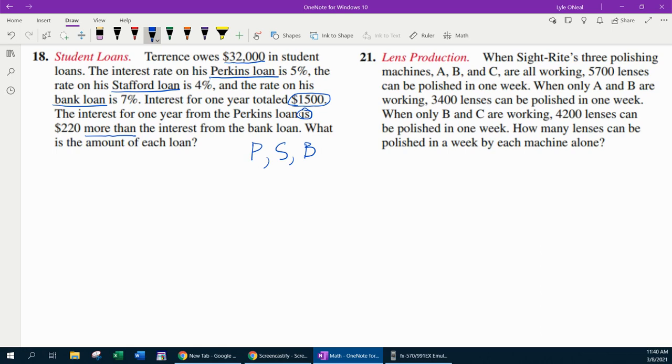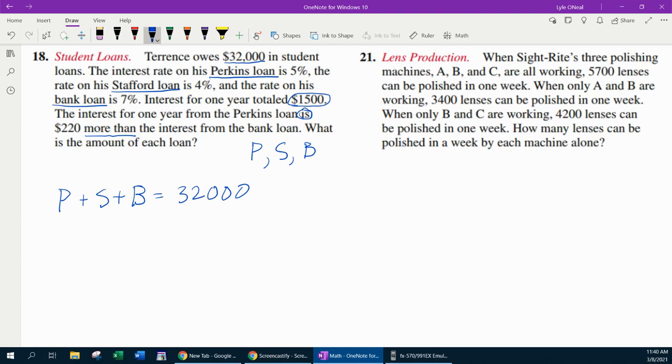What is the amount of each loan? Okay, so the first and easiest equation, Perkins plus Stafford plus bank. If I add all three of those up, that should be the total amount he owes, which is $32,000. That's probably the easiest equation to come up with first.